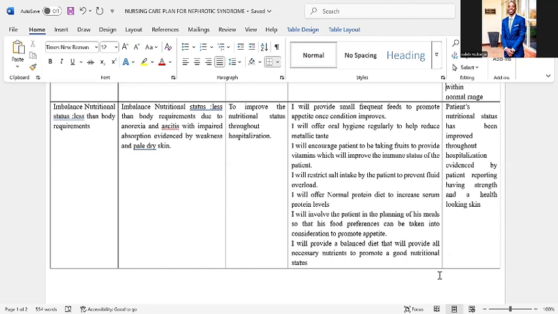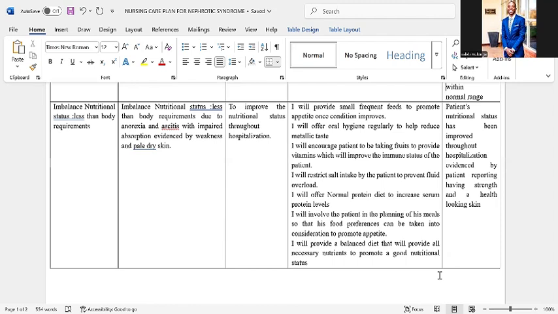Remember, the goal has to be SMART. Let's look at the interventions. Number one, I will provide small frequent feeds to promote appetite once condition improves. Number two, I will offer oral hygiene regularly to help reduce metallic taste and therefore improve appetite.